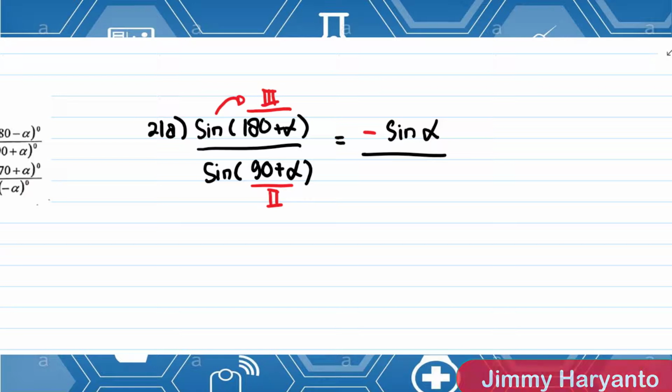For quadrant 2, sine is positive, so I will write positive first, and then 90 degree is not normal, so you have to change the sine into cos alpha. So the result is negative sine alpha over cos alpha. Later I will teach you that sine alpha over cos alpha is also negative tan alpha, but it's later.